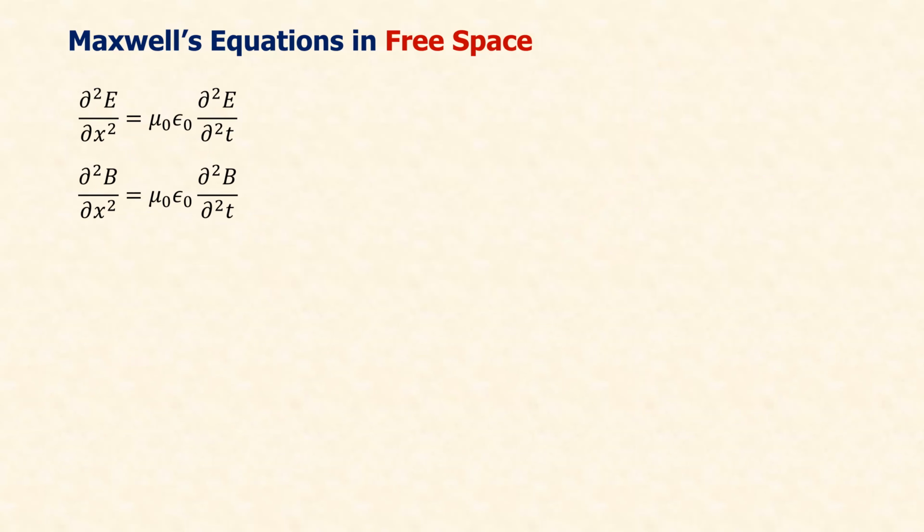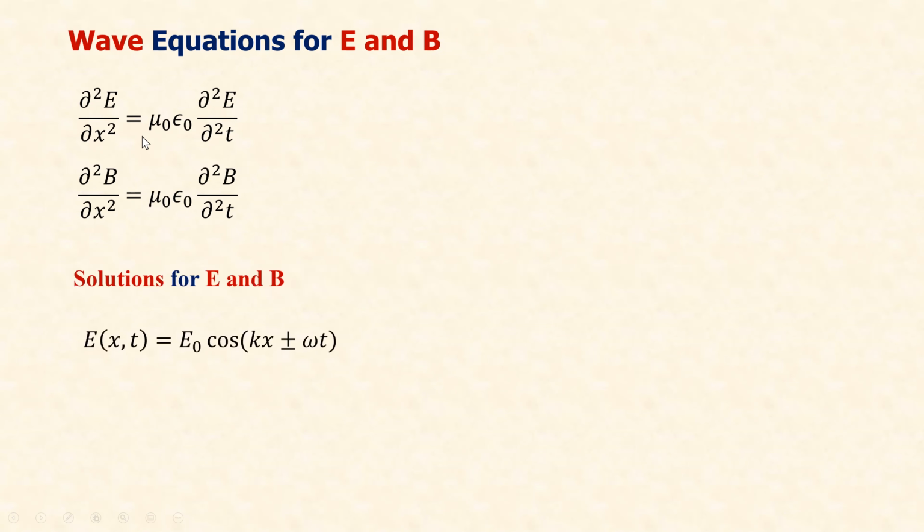These are known in physics as wave equations, but I want to show you how to get to the solution. Of course, I just give you the general solution and we check that it works. Usually, when you have this kind of relationship, second derivative with respect to X, second derivative with respect to T, the general solution is something like this.